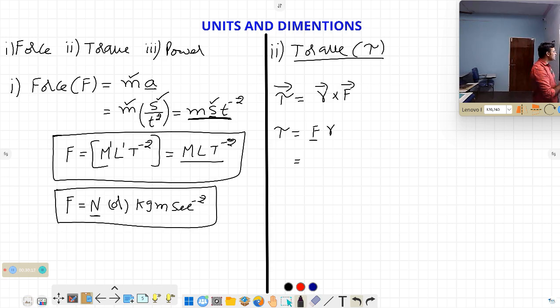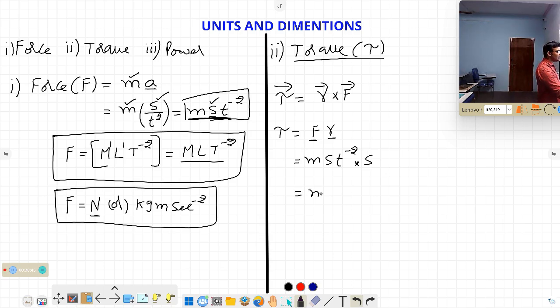Its dimension we have already done in terms of fundamental quantities, so you can write it directly here, that is MLT minus 2, into R. R is called the radius vector, that is the distance. For circular motion, any circle has a radius, and that radius is R. So we represent R in terms of length, as a distance S.